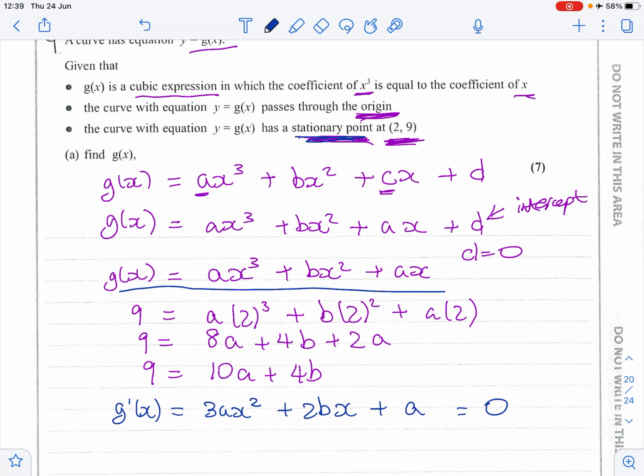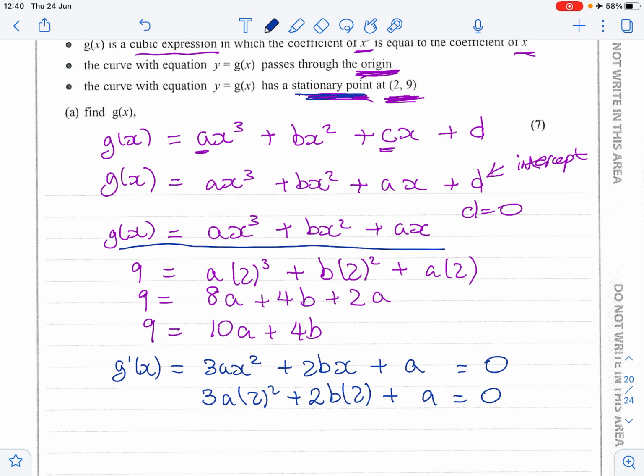Then substitute our values. When x is equal to 2, we have 3a times 2 squared plus 2b times 2 plus a equals 0. Rearranging our equation, we get 4 times 3, 12a plus 4b plus a equals 0.